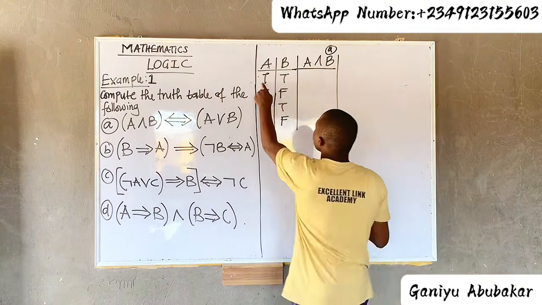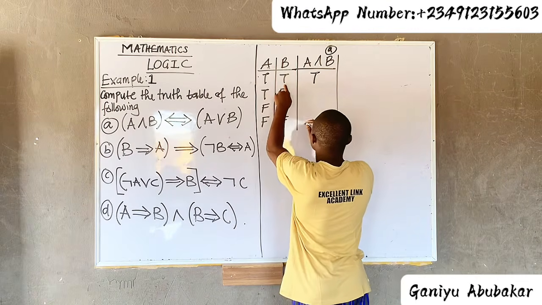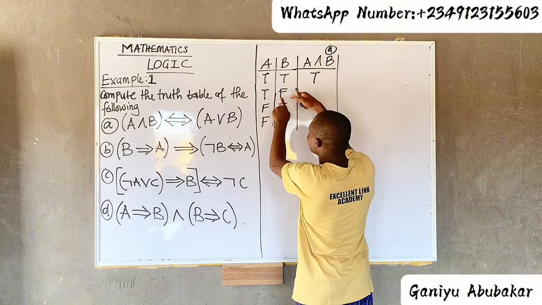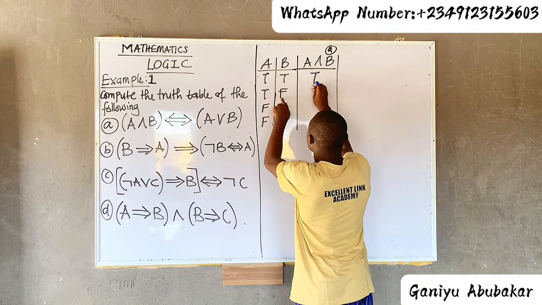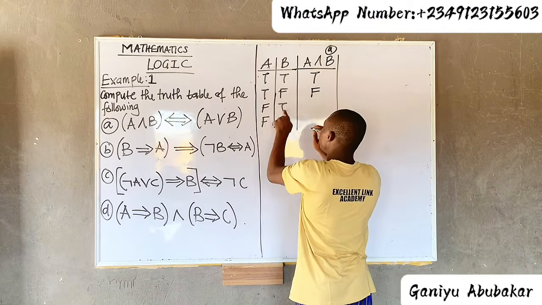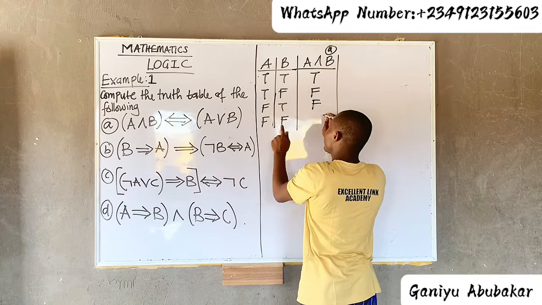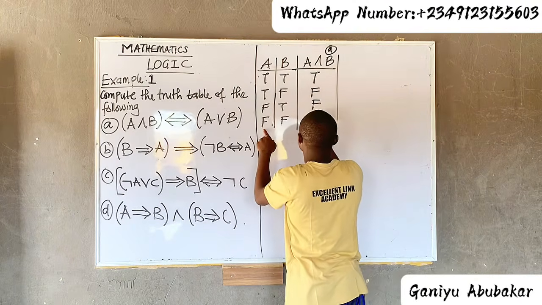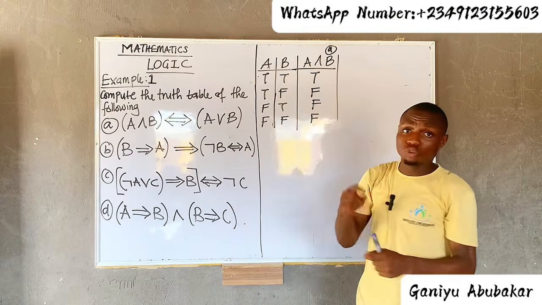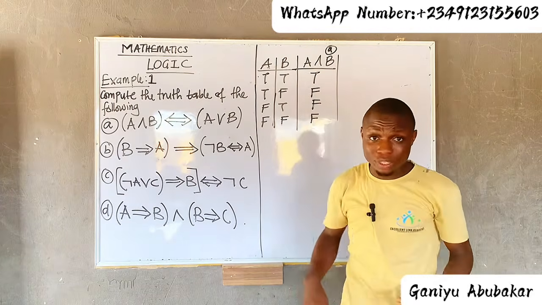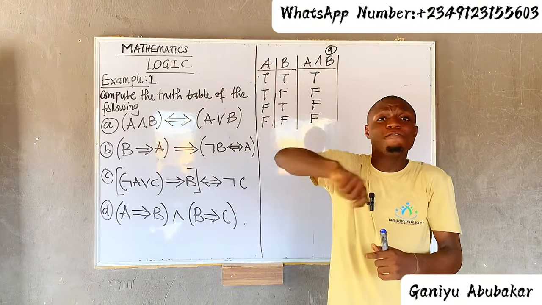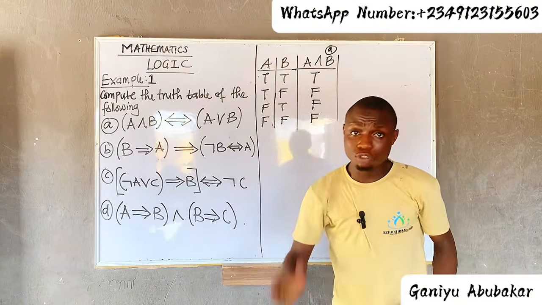True, true is true. True, false, at least a false exists here, becomes false. False, true, a false exists here, becomes false. False, false, a false exists, becomes false. If you check your book, I told you that when it comes to the and concept, if at least a false is there, the end product becomes false.